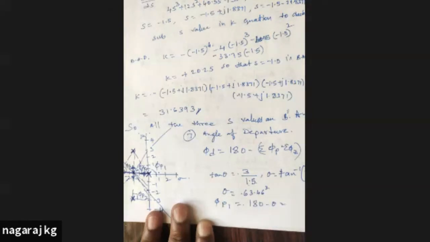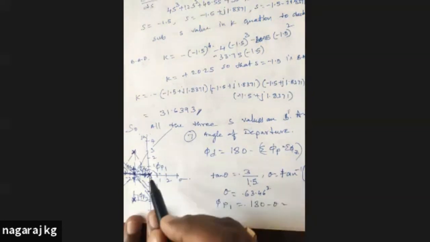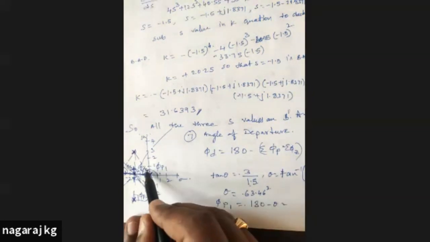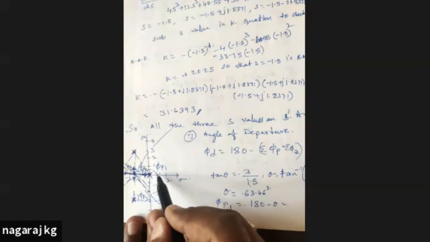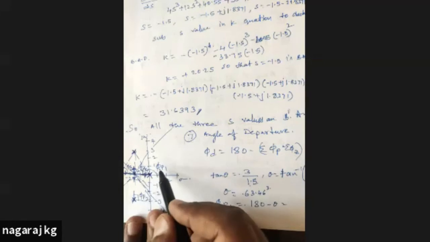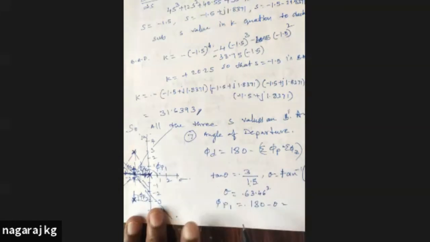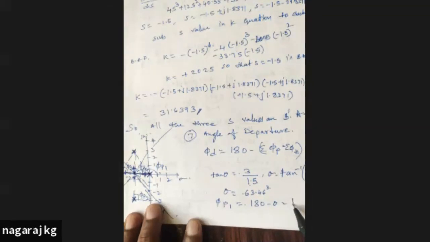Why 180 minus? I want the angle from the real axis to the imaginary line. If this is a total of 180, and from 180 you remove this theta value, you get phi P1. Got it? So phi P1 is equal to 180 minus 63.43, which is 116.56.